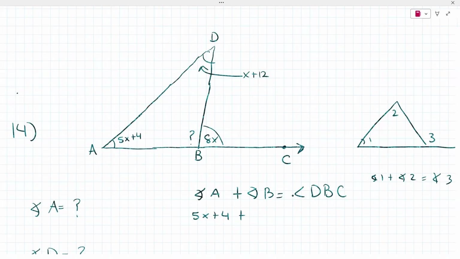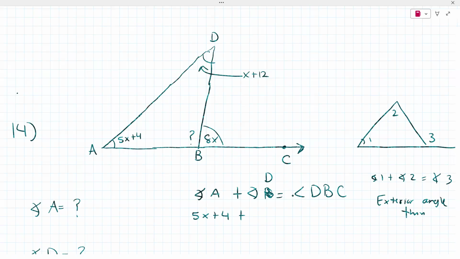It should be angle A plus angle D. I keep forgetting these rules. The reason why angle 1 plus angle 2 is equal to angle 3 is because of that exterior angle theorem, right? So we could say that angle A plus angle D is equal to angle DBC, this angle 8x.